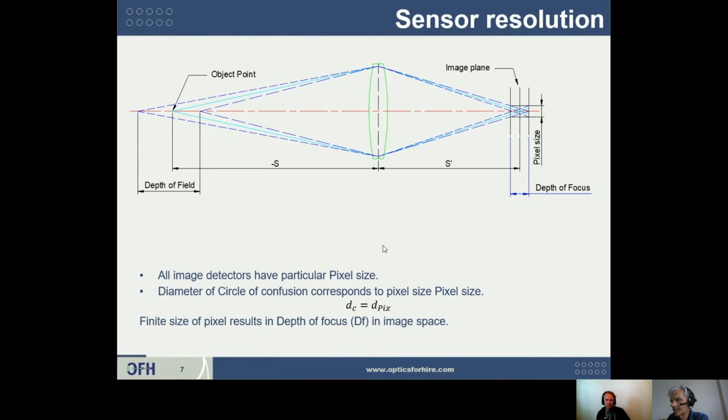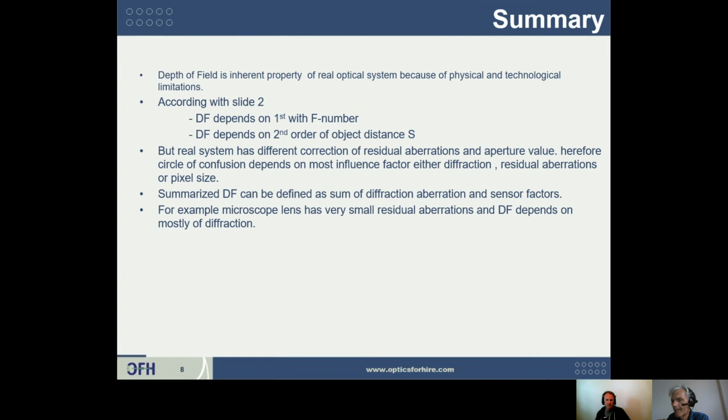Okay, great. All right. So here in summary, in all optical systems, the depth of field is going to be restricted by some of these kinds of limitations. It could be F number, it could be object distance.